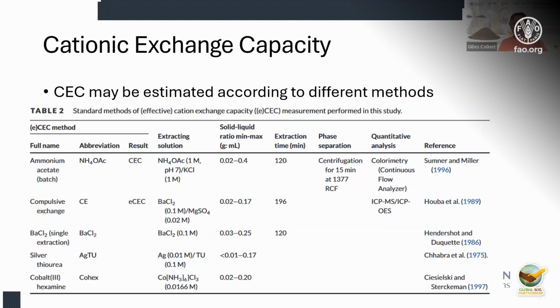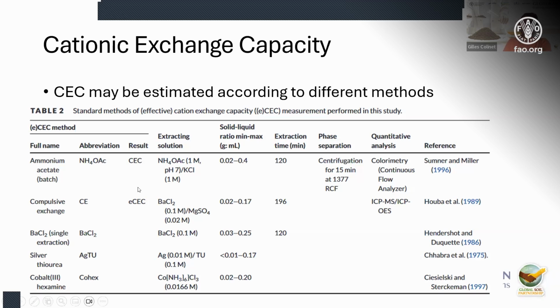There are different kinds of methods. I forgot to put the source of the paper. I will correct it. So there has been a study made by Flemish colleagues in order to compare different kinds of cation exchange capacity methods on different soils.